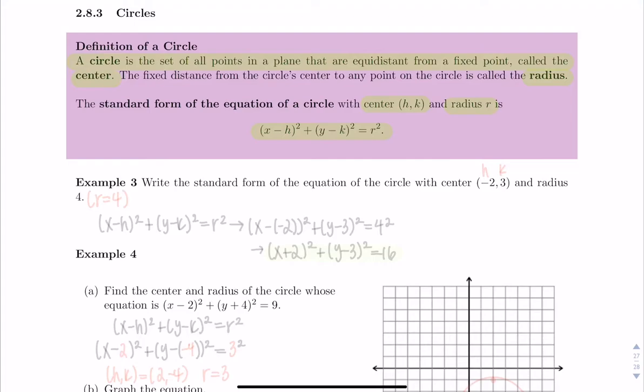So we want to write the standard form of the equation of a circle with the center of -2, 3 and a radius of 4. So our center is h, k. So h is -2 and k is 3, and we have the radius is 4.